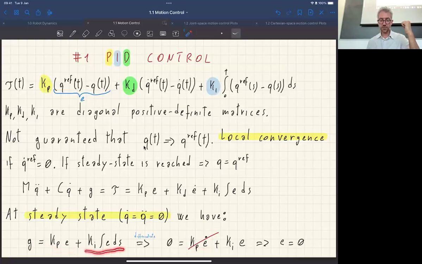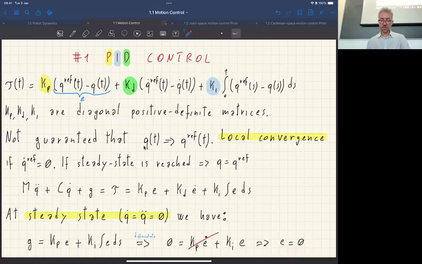And the time derivative of the integral of the error, well, the derivative is simply the inverse operation of the integral. So if I take the derivative of an integral, I get the quantity I'm integrating. So the time derivative of this is simply Ki times the error. And what I get is basically 0 equal Ki times the error. And since Ki is positive, the only way this is possible is if the error is 0.